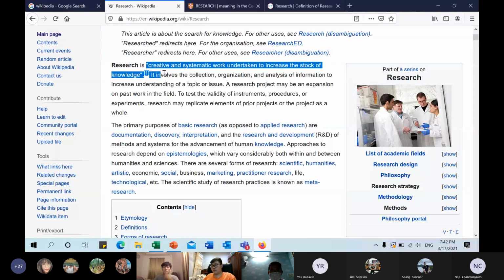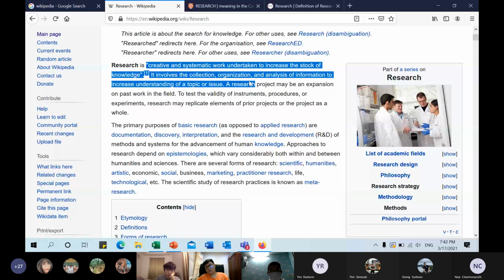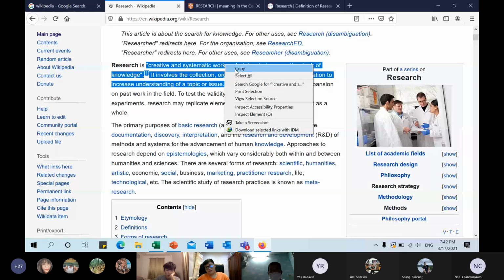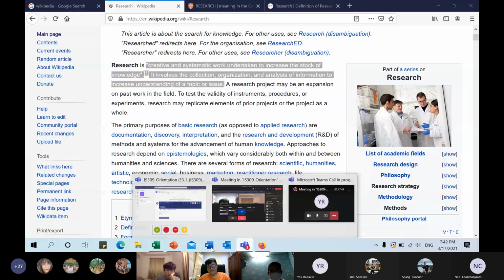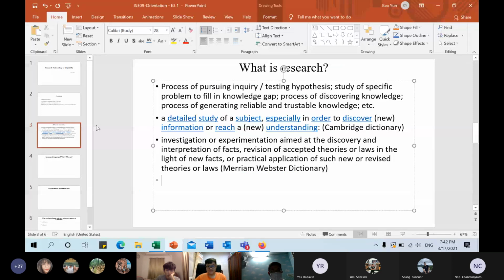And it involves, probably something you haven't mentioned, the collection, organization, and analysis of information or data to increase understanding of a topic and issue, right? So these definitions complement the definition provided by you.